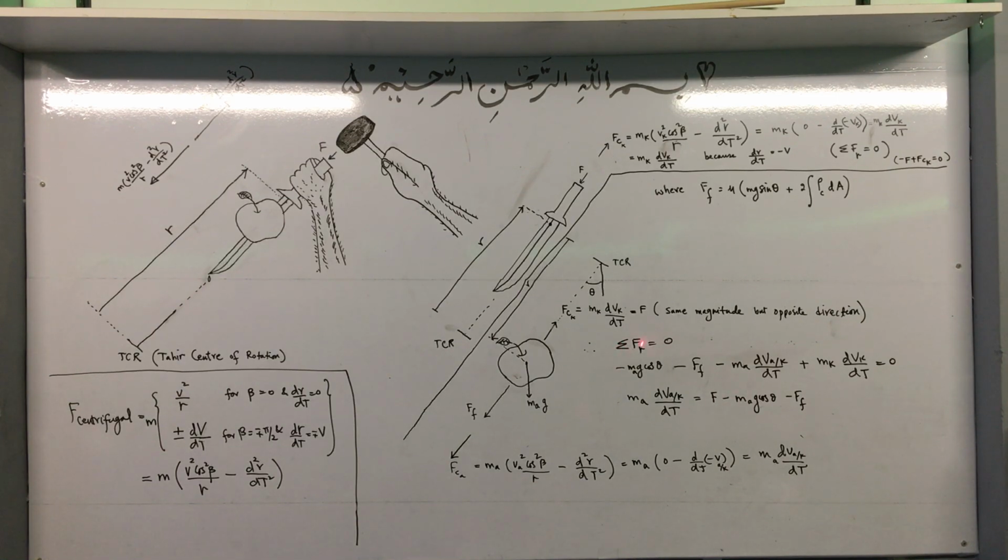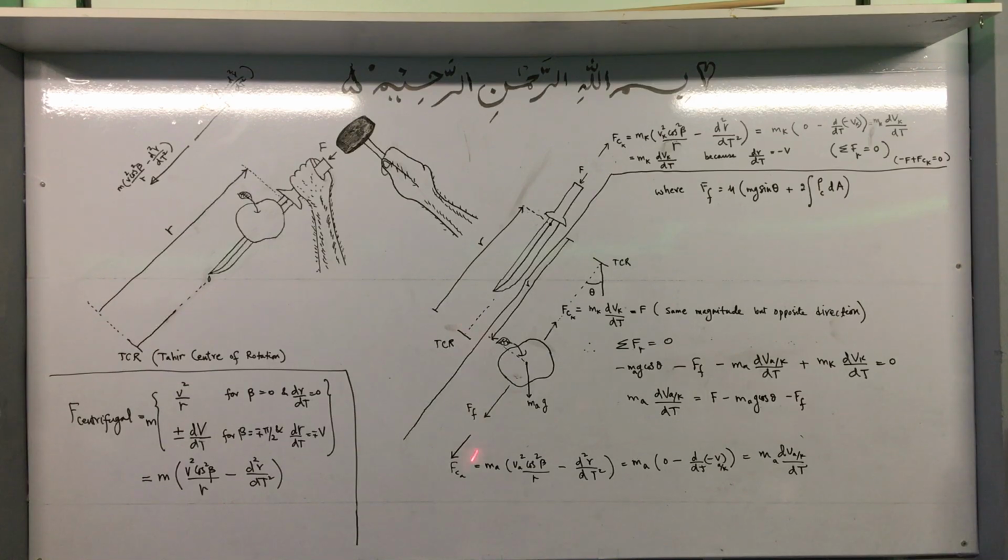So the summation of forces is equal to 0, minus F plus F centrifugal on the knife is equal to 0. So, summation of forces is equal to 0.